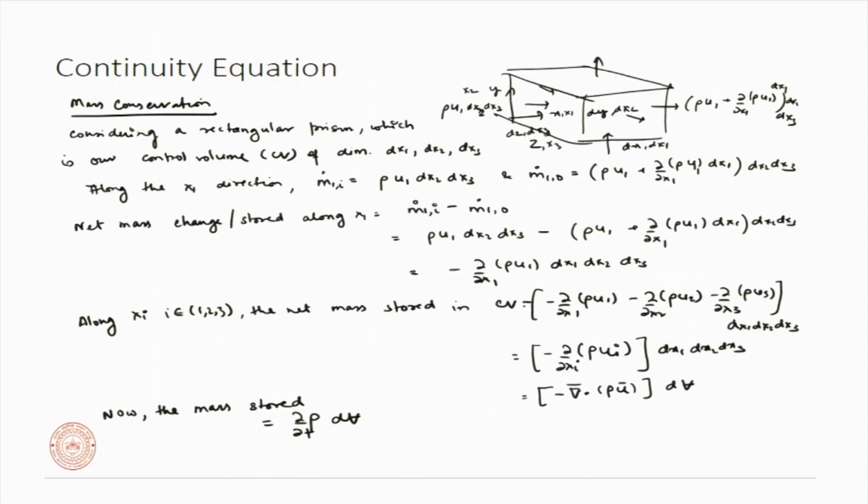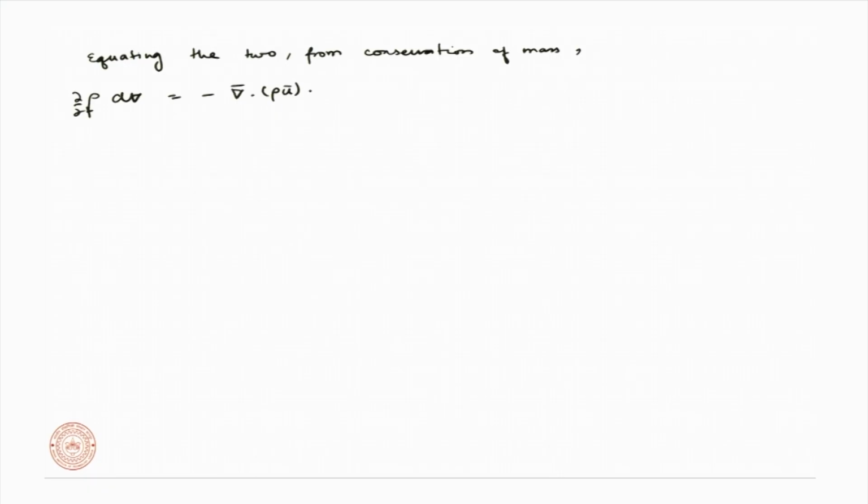So, that is the mass stored, how much the density is changing. If the volume is fixed and if mass is increasing, then the density will rise, right. And if we equate these two things, from conservation of mass, we can get that del rho by del t dV will be equal to minus del dot rho u dV.